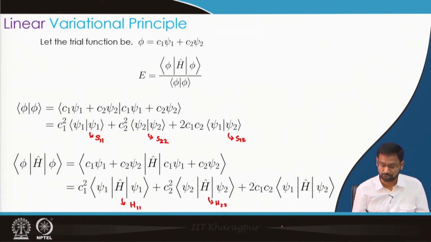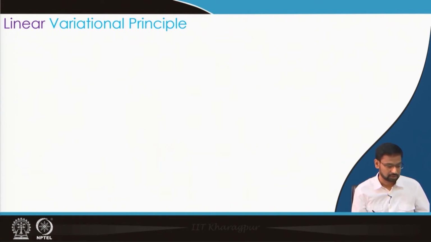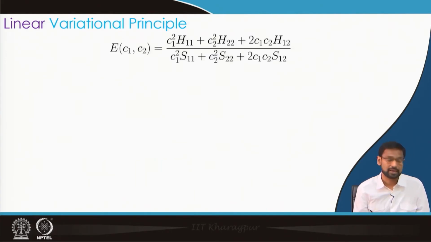This one is H12, and similarly if I have psi 2 in the bra and psi 1 in the ket, I would have H21. But since the Hamiltonian is a Hermitian operator, I am taking H12 and H21 as the same. Okay. Now we will take these expressions and go ahead and evaluate the energies.